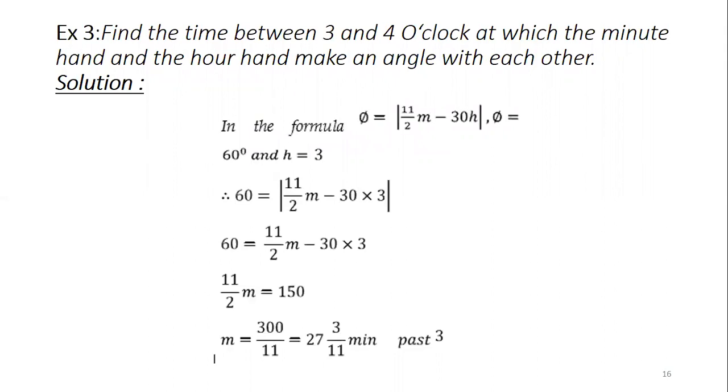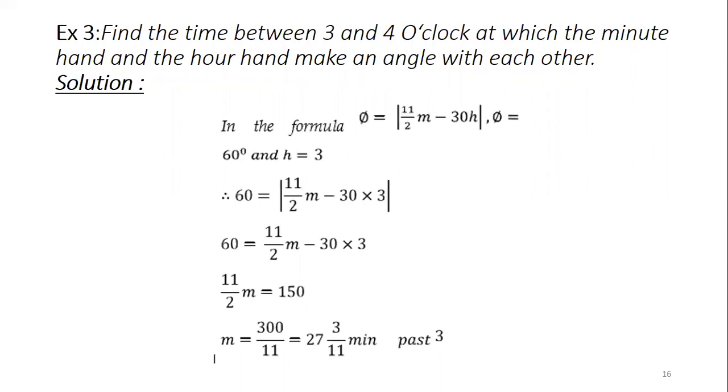Third example, find the time between 3 o'clock and 4 o'clock at which the minute hand and hour hand make an angle of 60 degrees with each other. Now applying the formula, here they have given the angle.